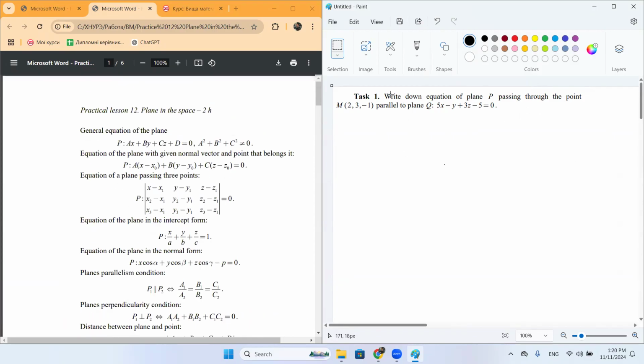The first task is to write down the equation of the plane passing through the point, and it is parallel to another plane. So, any ideas how to solve? Which equation should we take? Do we have all information for now to write down the equation? Raise your hands, your suggestions.